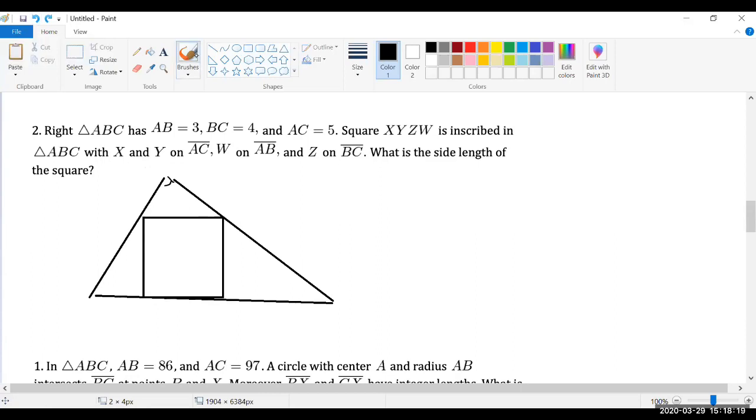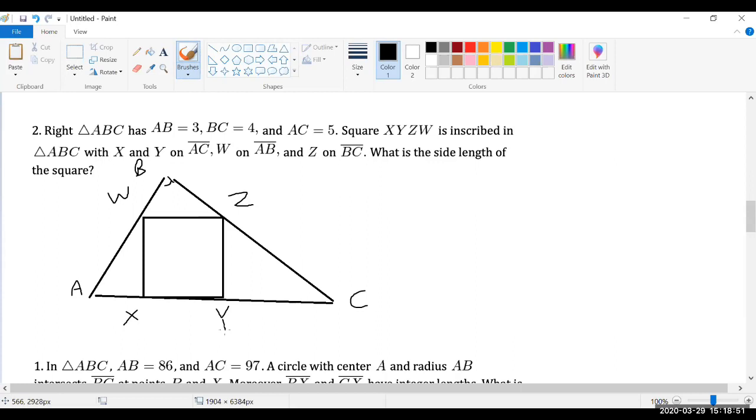All right, so AB is 3, BC is 4, and AC is 5. Okay, so let's get started.